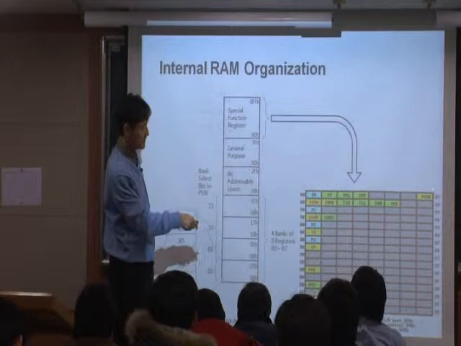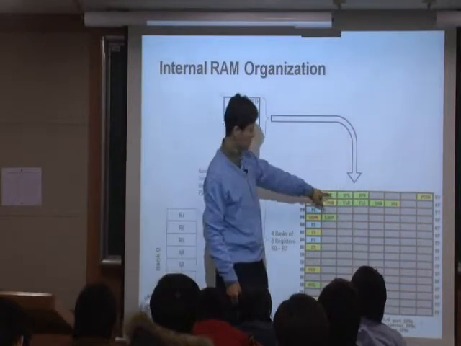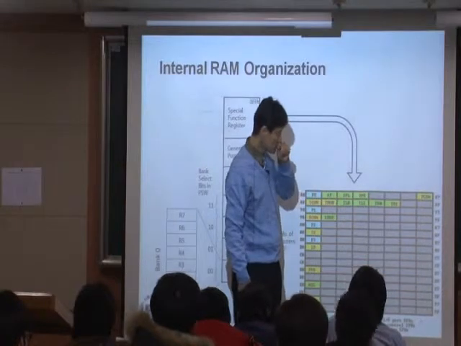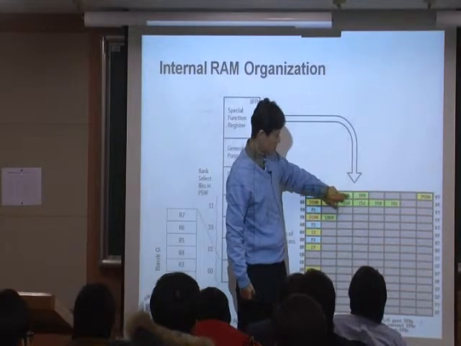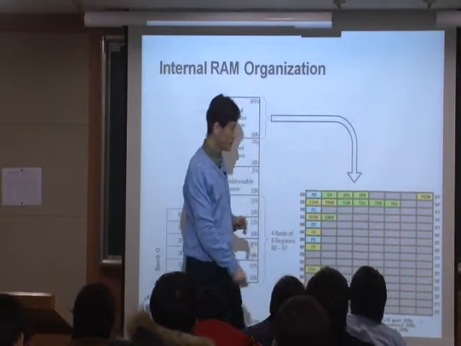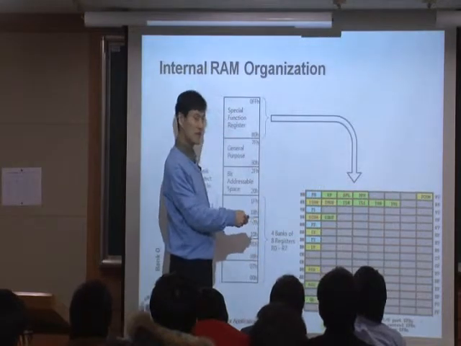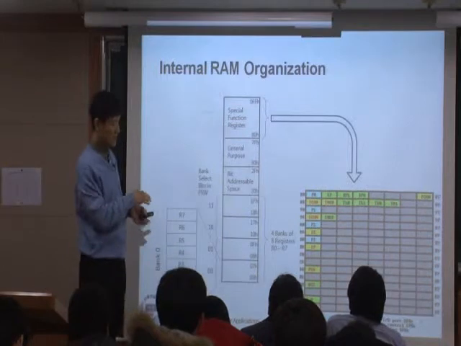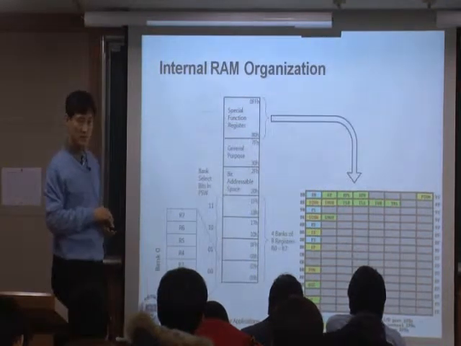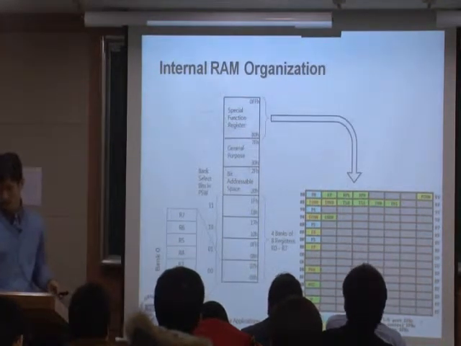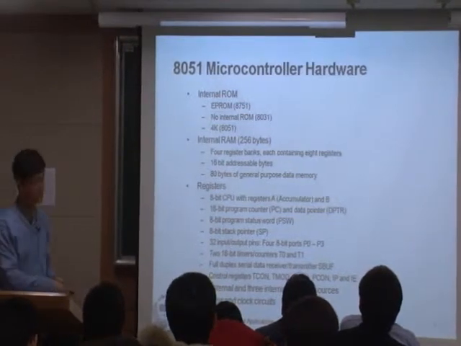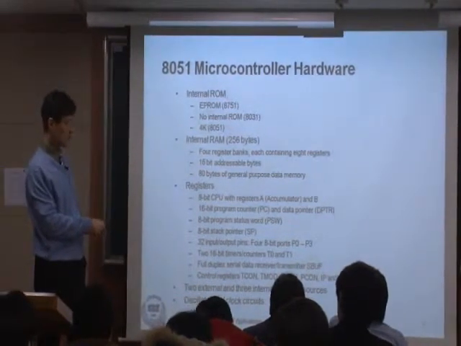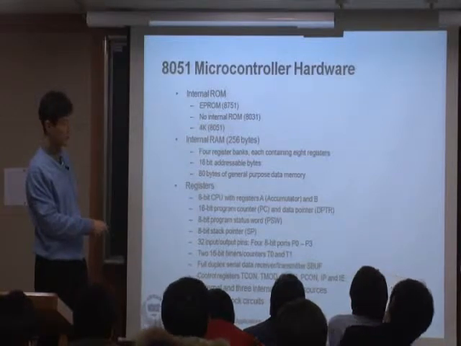There are all the other registers. You see DPL, DPH. L means low, H means high, so these two are basically the same thing. Remember that we have 16-bit registers. What were the 16-bit registers? Let's go back here. We have a register called the program counter and also the data pointer.